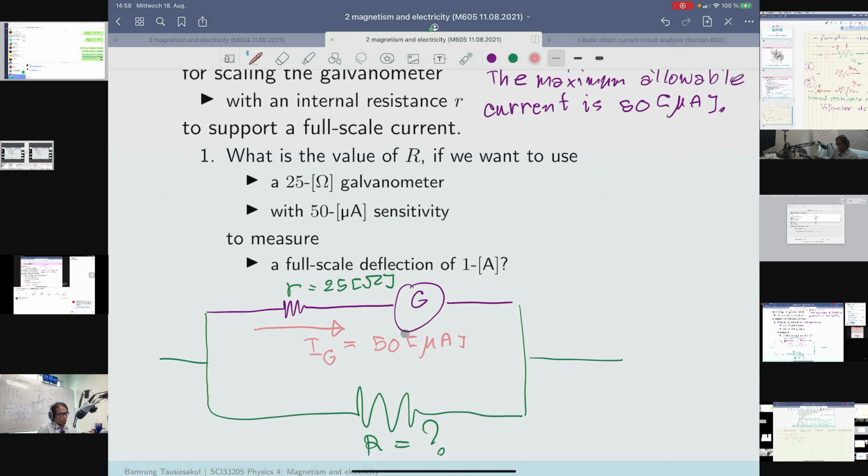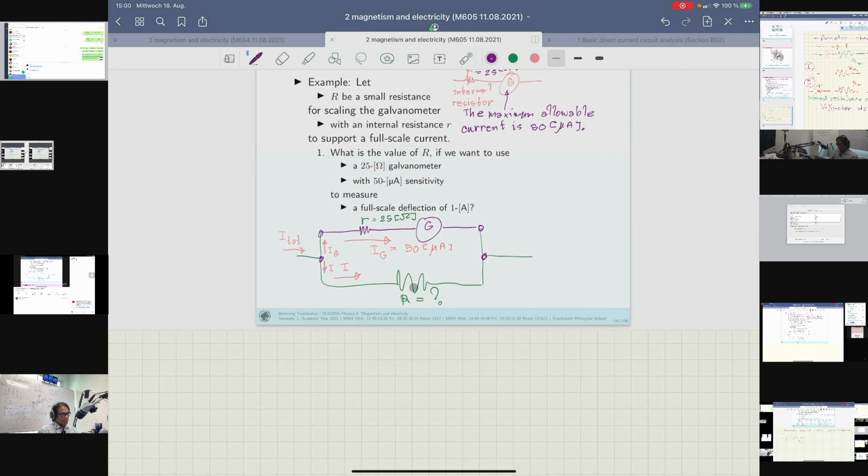So the voltage across this branch should be the same as the voltage across the lower branch. It means that the voltage in the upper branch should be equal to the voltage at the lower branch. So we can formulate V upper is equal to V lower.